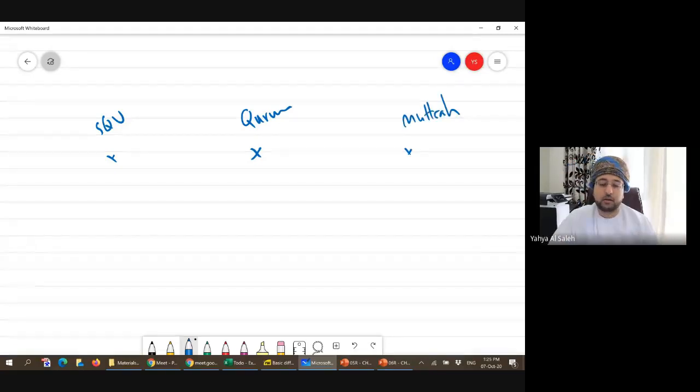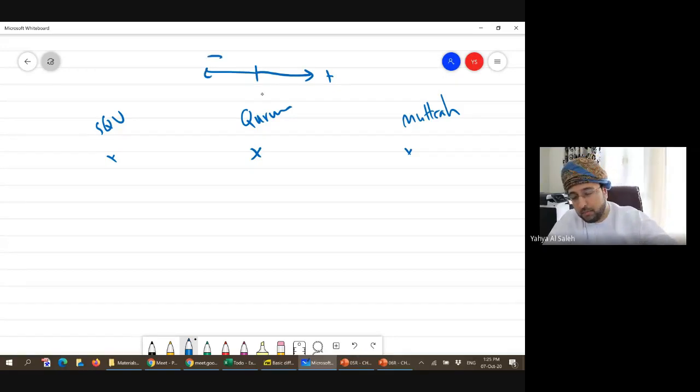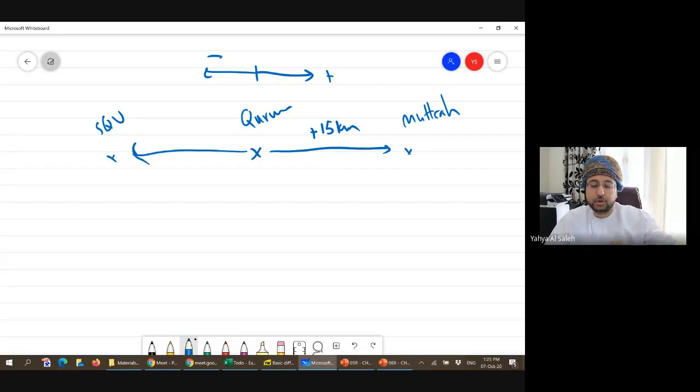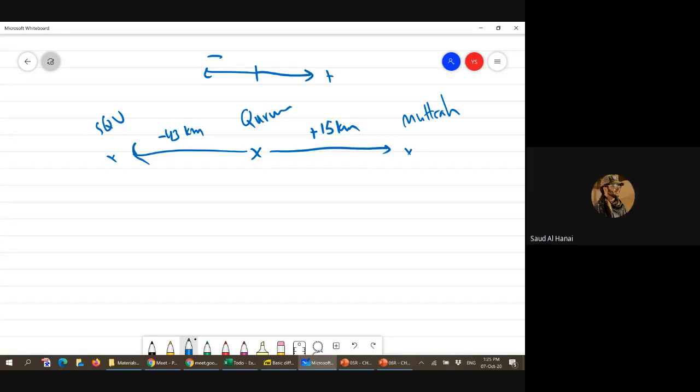Matrah is all the way here. Now, if I say this is positive and this is negative, Matrah is at plus 15 kilometers from Qaram, and SQU is at minus 43 kilometers from Qaram. So far, so good?